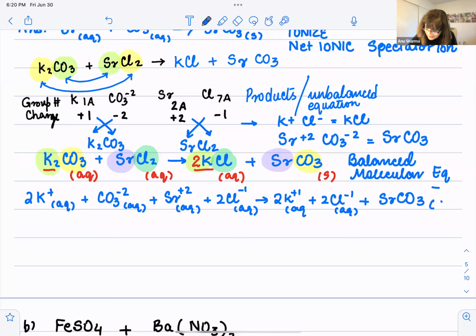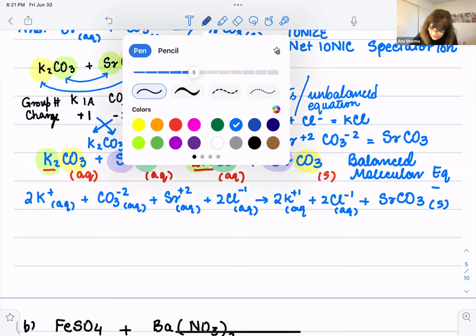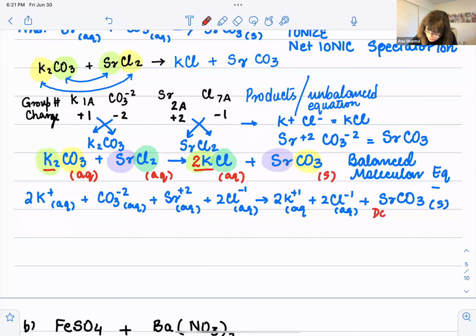This is a solid. Make a note: never ionize solids. This is the total ionic equation.